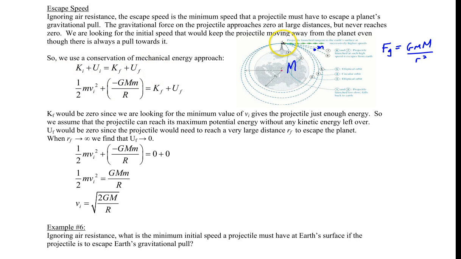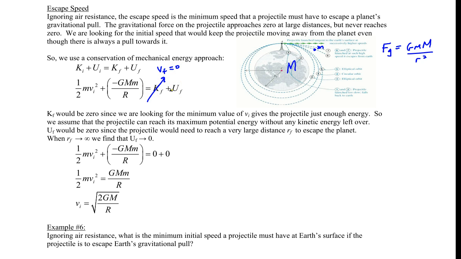When the projectile is leaving the Earth, initially it has a kinetic energy and a gravitational potential energy. When the projectile finally gets away from the Earth, it has essentially reached a distance of infinity. At that point, the projectile stops, and thus it has no kinetic energy. So the final velocity is 0, so there's no kinetic energy.